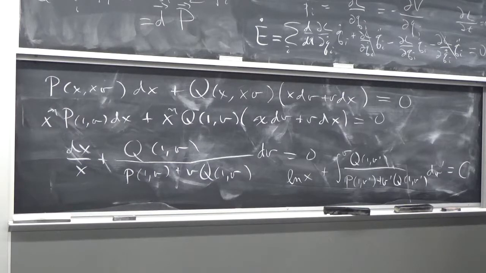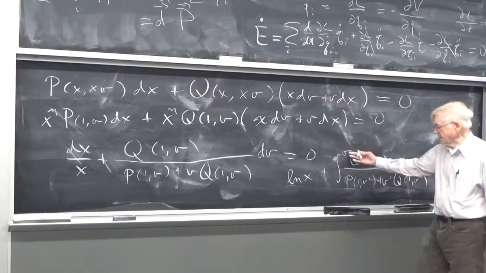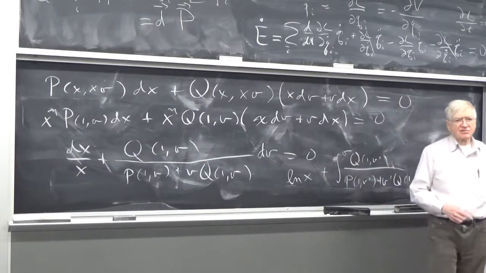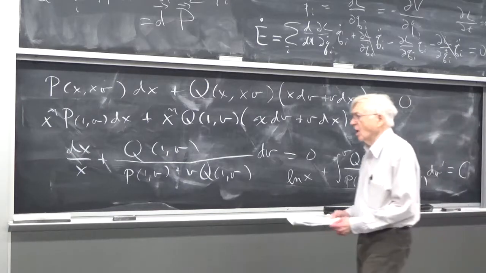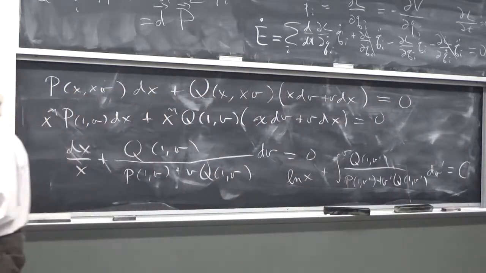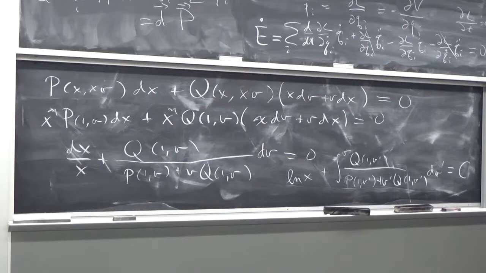And so this is an equation that involves v and x, and so you solve for v of x. And then to get y, you write y as x v of x.